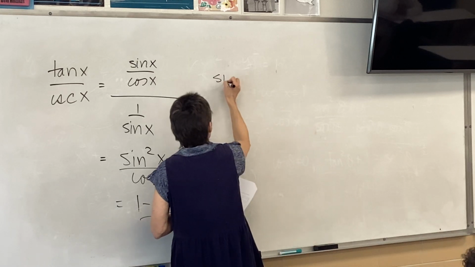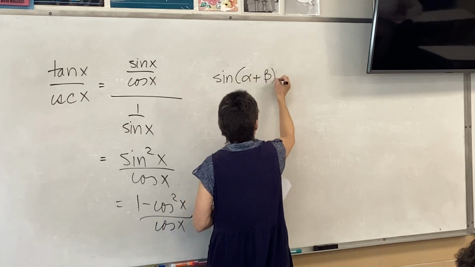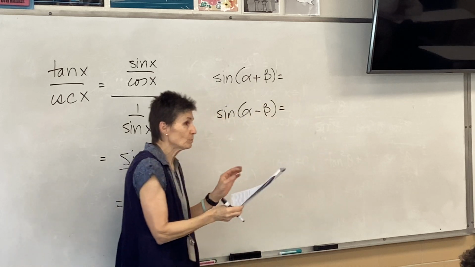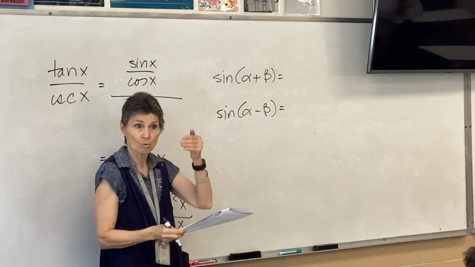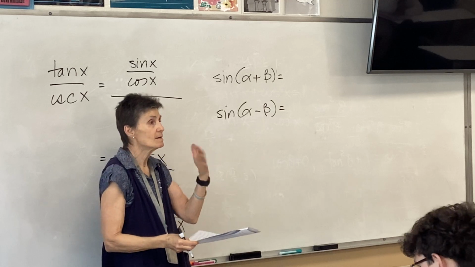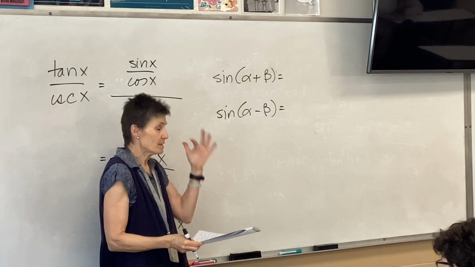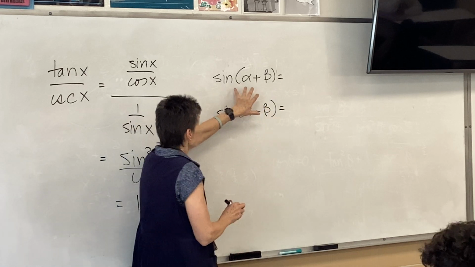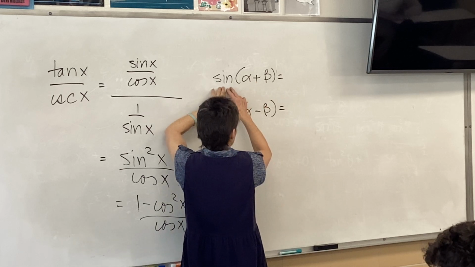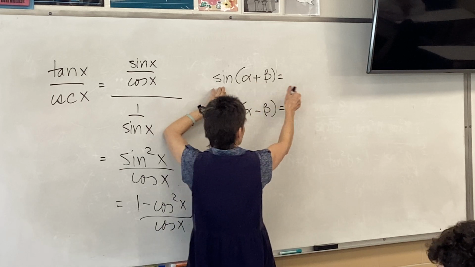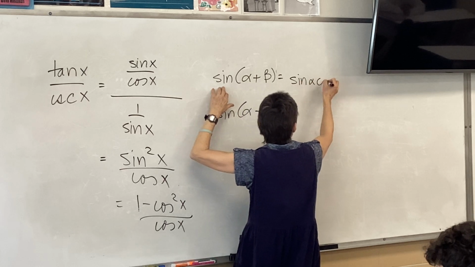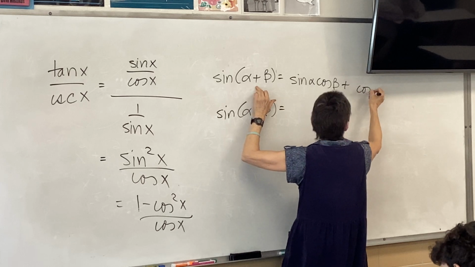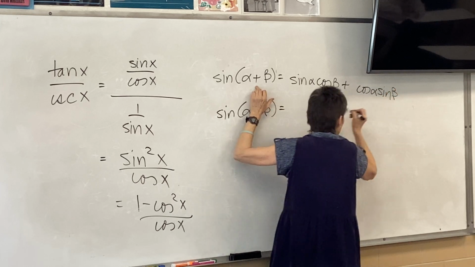So, the first one says the sine of alpha plus beta and the sine of alpha minus beta. Now, he wrote those together using the plus or minus. That's perfectly okay. I'm going to separate them. You don't need to. You can keep them together, but I want you to understand how the signs work. If it's an addition, if you're finding the sine of two angles added together, it's sine of the first, cosine of the second, plus cosine of the first, sine of the second.